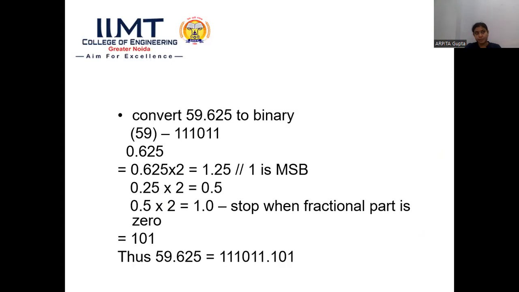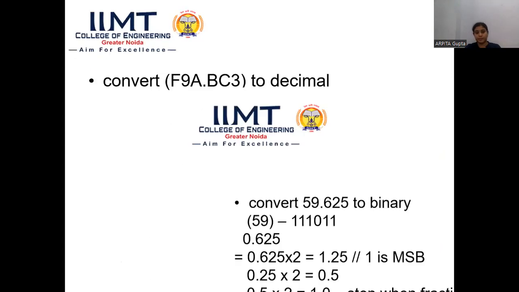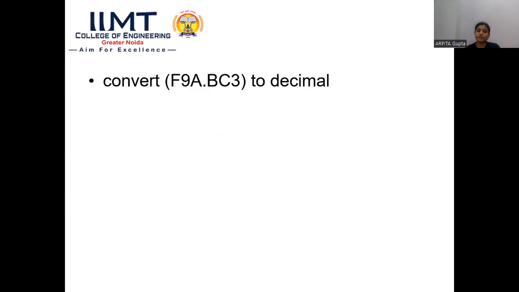These are the examples for practicing. Now we have this number F9A1BC3, a hexadecimal number, and we convert this hexadecimal number into a decimal number. What will we do?